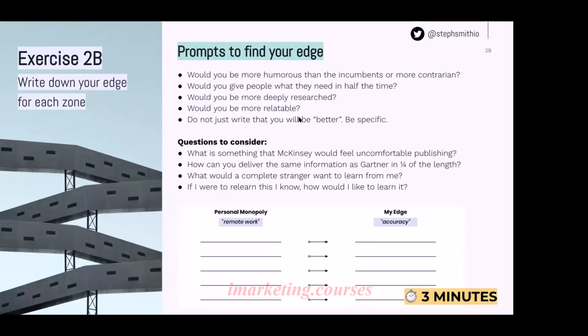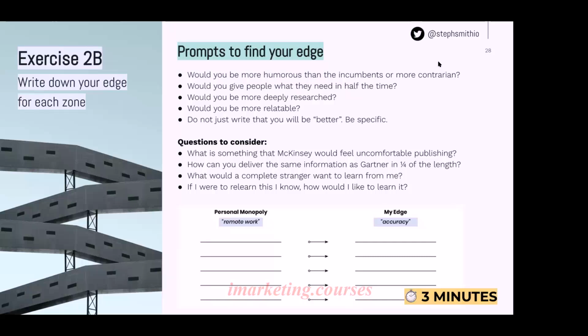I want you to think through what your edge is, your edge applied to your zone of excellence. Hopefully that makes sense. But again, here are some reminders of the examples. You could be more humorous, more contrarian, more relatable, more deeply researched. The only thing that I ask of you is that you don't write better, because better is way too vague, right? Your newsletter might be better, but it should be better in some particular way.